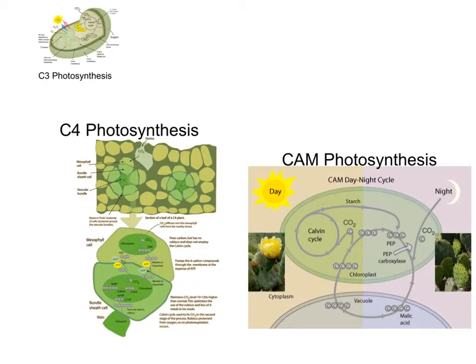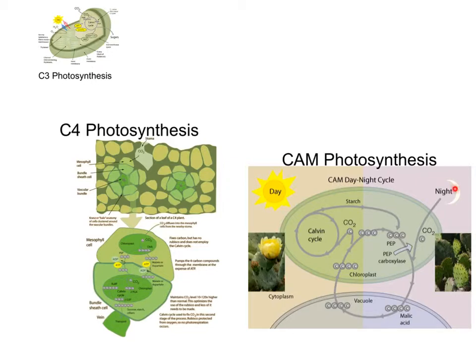Now CAM photosynthesis is done by succulents, specifically cacti and other desert plants, because in CAM the conditions are such that it's just too hot for the plant to open their stomata, not stroma, the stomata in the desert.